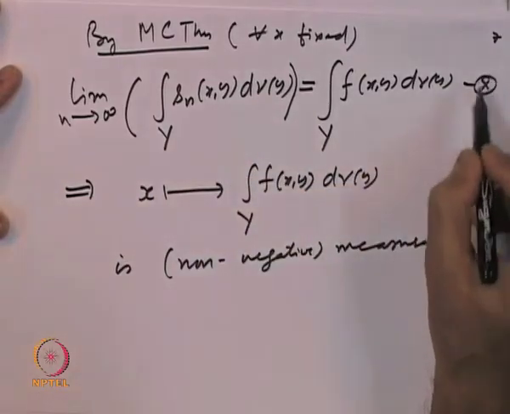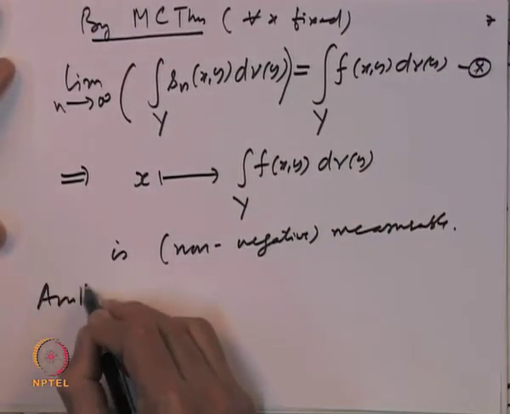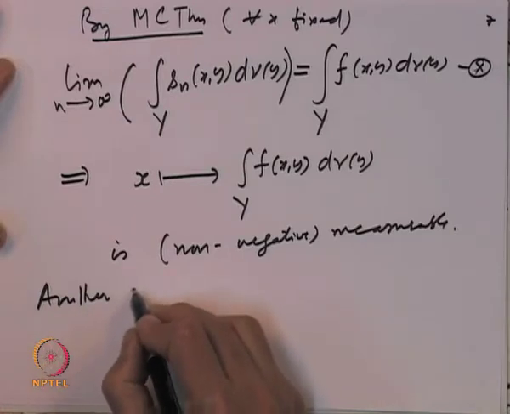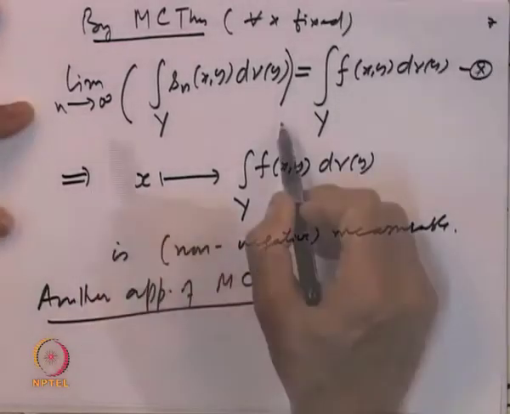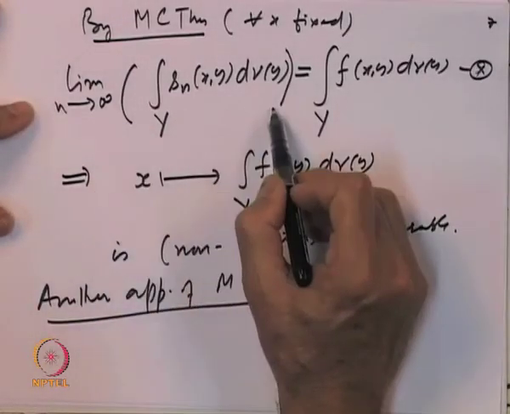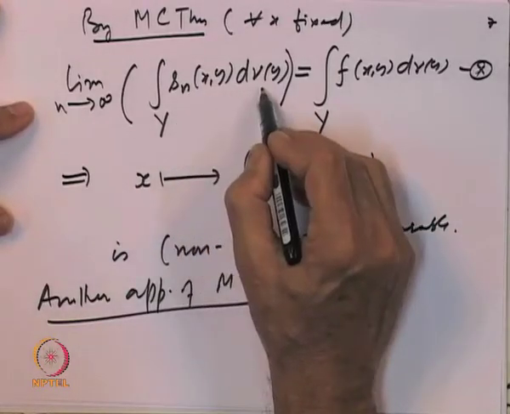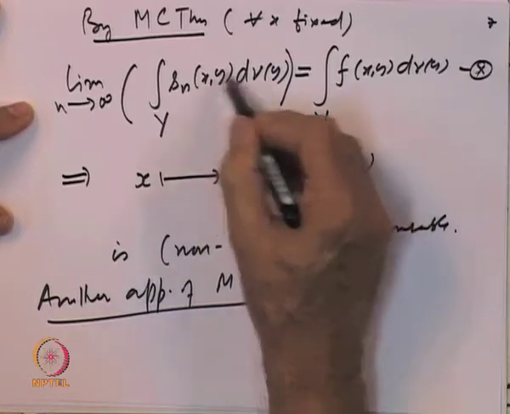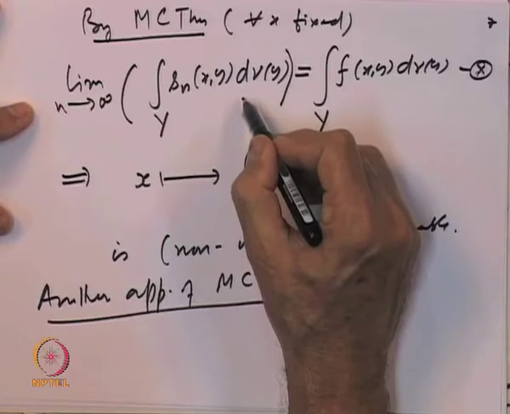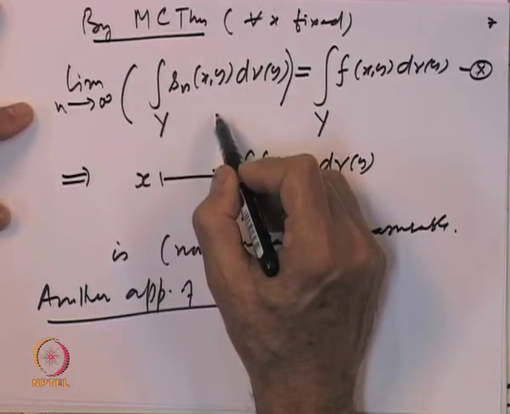So, by star I can apply another application of the monotone convergence theorem. The limit of the integrals of S n's with respect to nu is also a limit of measurable functions, so this itself is a measurable function with respect to x. And because S n's are increasing, these integrals are also increasing.